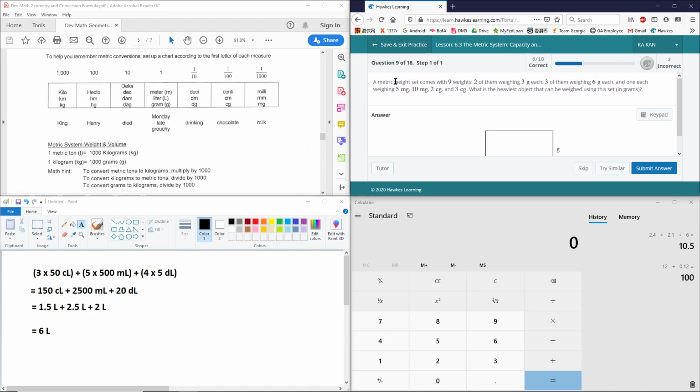Now, metric weight comes in 9 weights. 2 of them are 3 grams, 3 of them are 6 grams, and 1 is 5 milligram, 10 milligram. Which one is the heaviest object that can be weighed using this set? The question is terribly worded in this case.